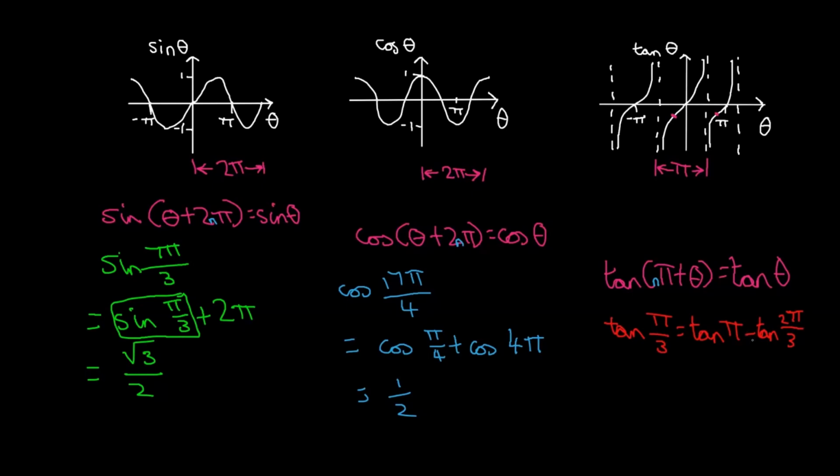This is fine because these functions are periodic. They repeat forever in both directions. So for all of these identities, we could have a plus or minus here. So really, we know what this is anyway. Tan of pi over 3 is equal to root 3.